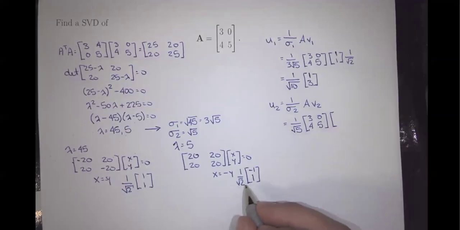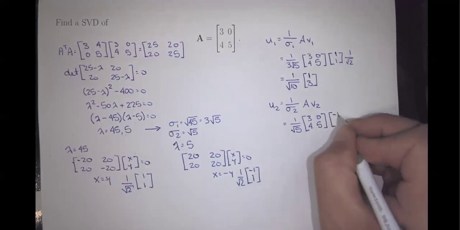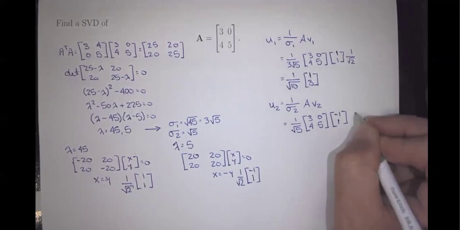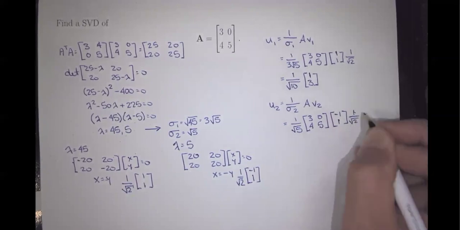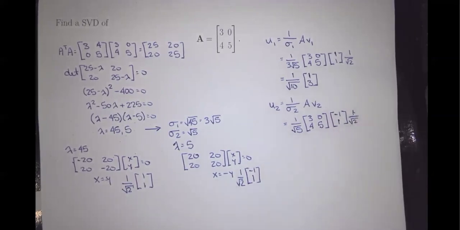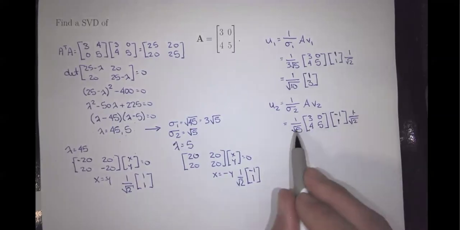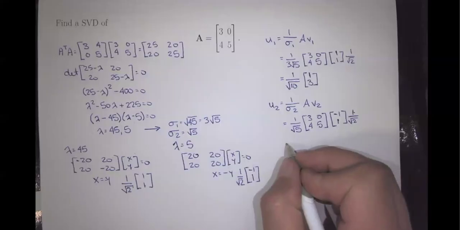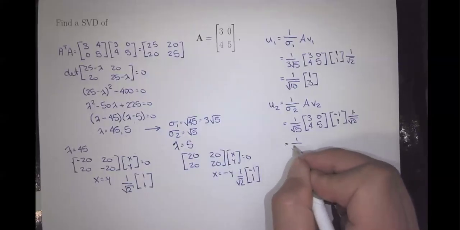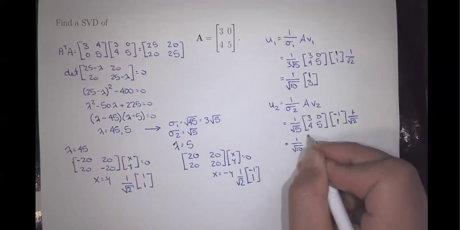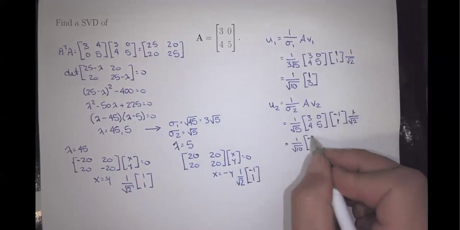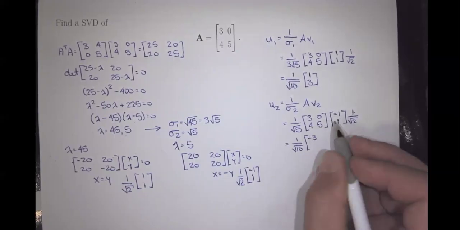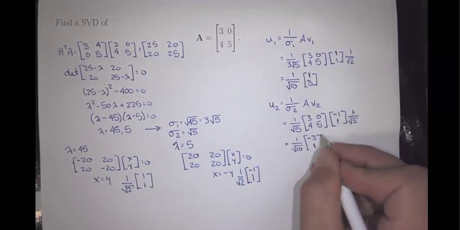V2 is 1 over root 2 times negative 1, 1. Okay, so once again, we've got a root 2 times a root 5. That's going to give us a root 10. And we've got negative 3 on the top, and minus 4 plus 5 is positive 1.